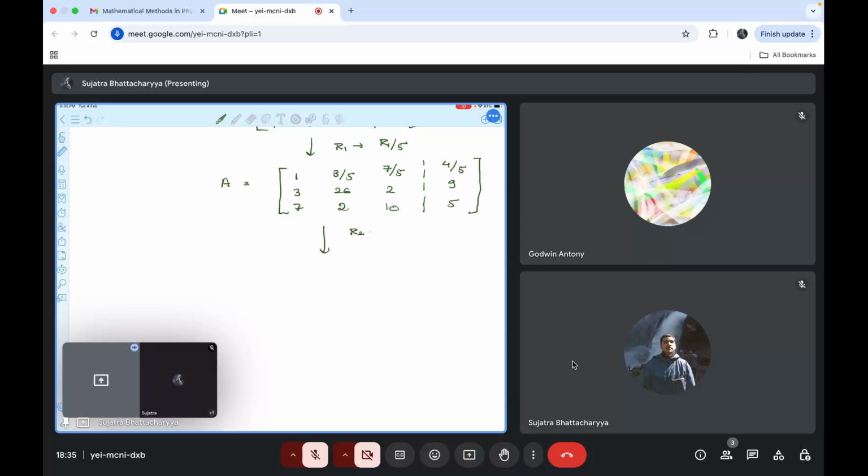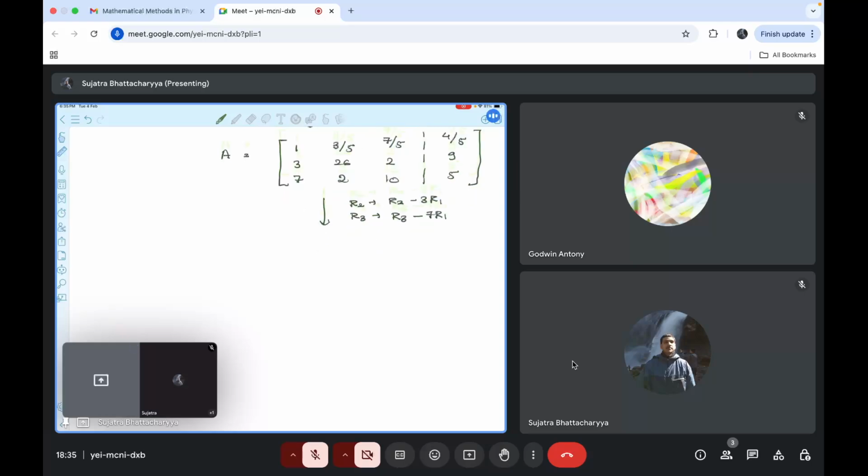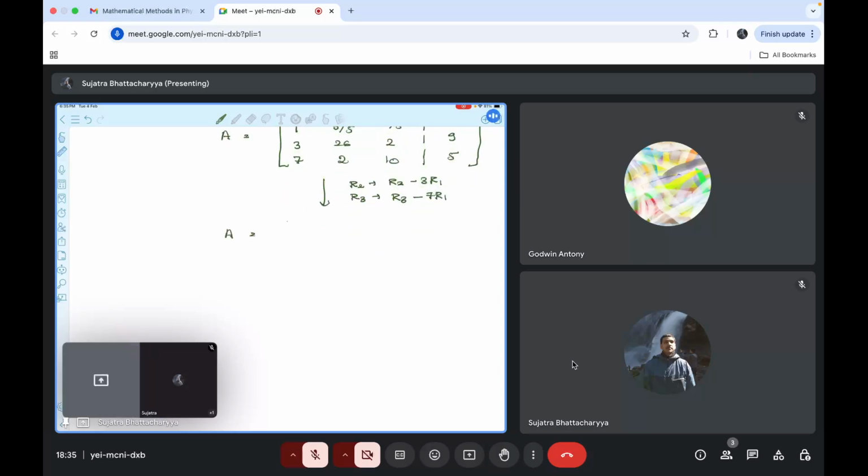So R2 will be equal to R2 minus 3 R1. Similarly, R3 as R3 minus 7 R1. Based on this, the first column you can easily reduce, so it will be 1, 0, 0. After the calculations, you have 3 by 5, 121 by 5, and minus 11 by 5.